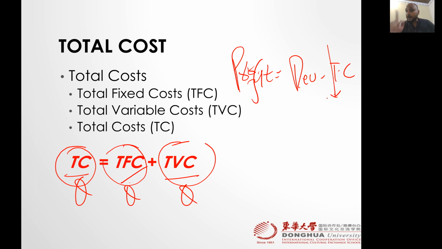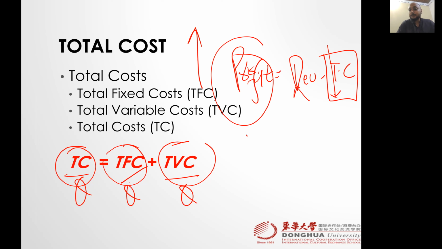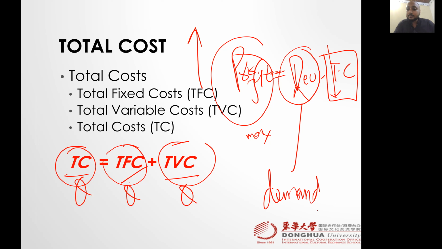We need to produce where our total cost is minimum, so that our profit is maximum. Why? Because we cannot control the total revenue. Total revenue depends on demand. Right, guys?